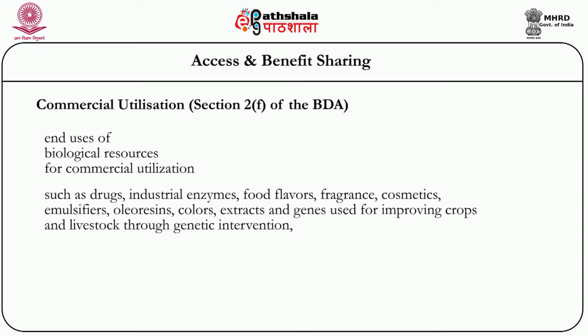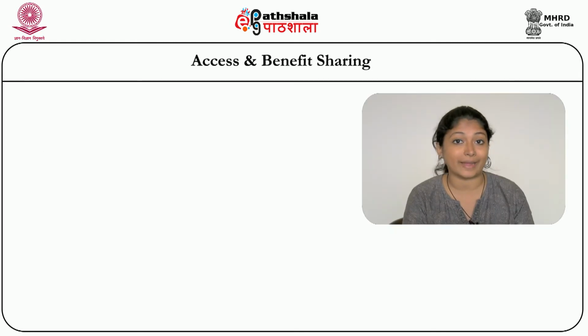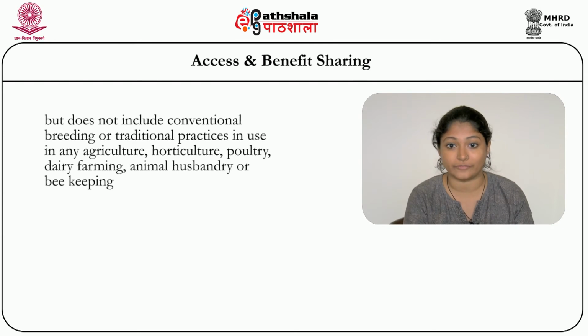The main part of the definition is whether that particular thing is an end use of the biological resources. And keep in mind the exemption is that it does not involve conventional breeding or traditional practices in agriculture, horticulture and all.